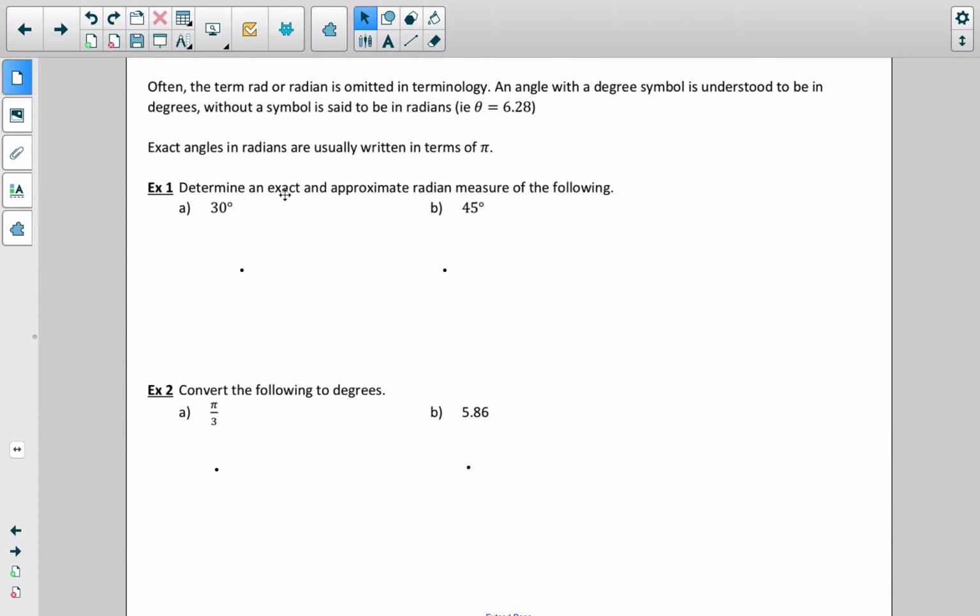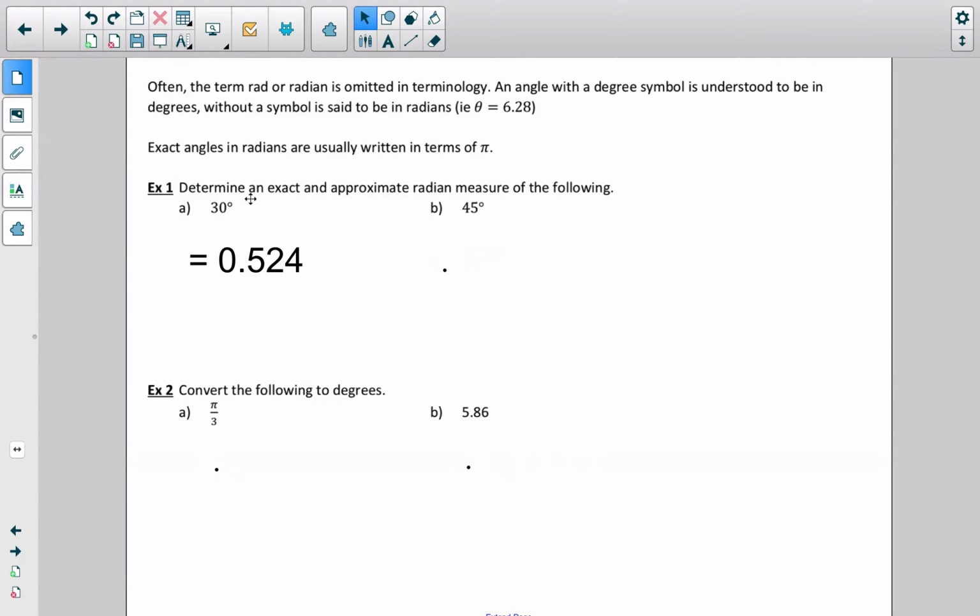So if we were determining the exact and approximate radian for each measure, what I've done is I've gone through and done the approximate. So this is 0.524. Okay, so I divided by 180 and multiplied by pi.